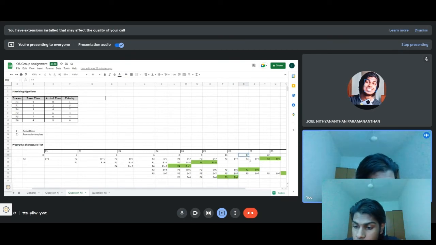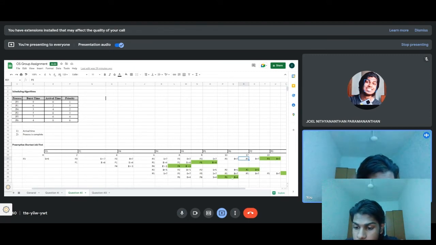And over here we get 17, because process 6 has the lowest burst time, and 13 plus 4 will be 17. We are left with process 3, process 2, process 5.